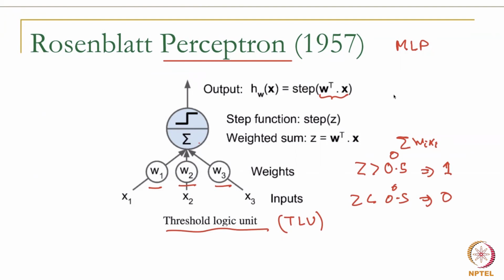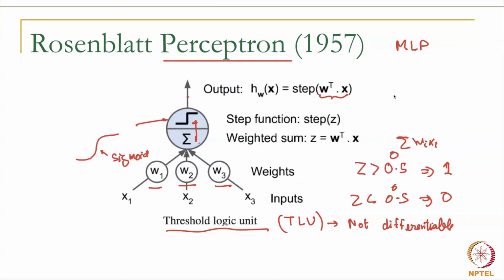The reason I'm showing this is to show that these ideas have been around for a long time, and what we are doing is one very, very simple small change. So instead of just going from sigma to this, people added a differentiable unit. So this one obviously is not differentiable because it's a simple step function. So we basically put a sigmoid unit, which is an approximation of this step unit, and that makes a huge difference.